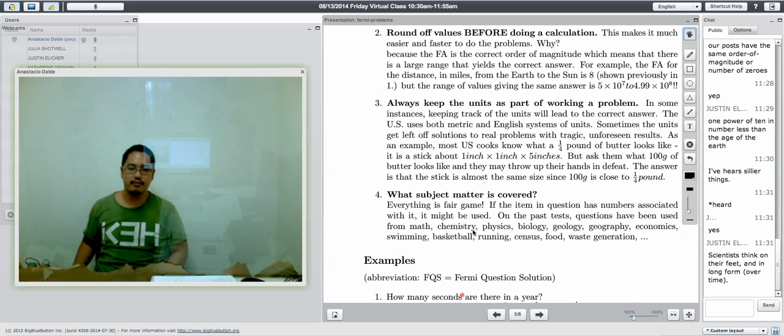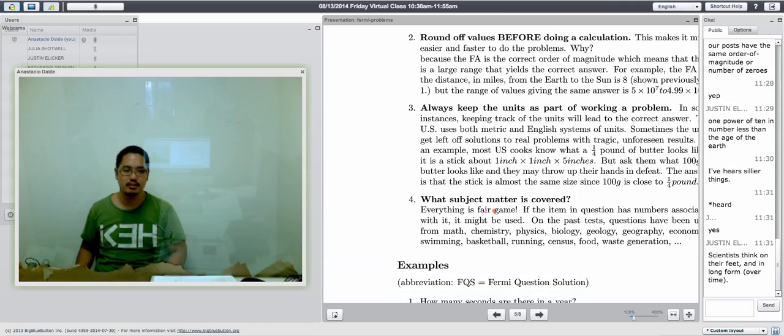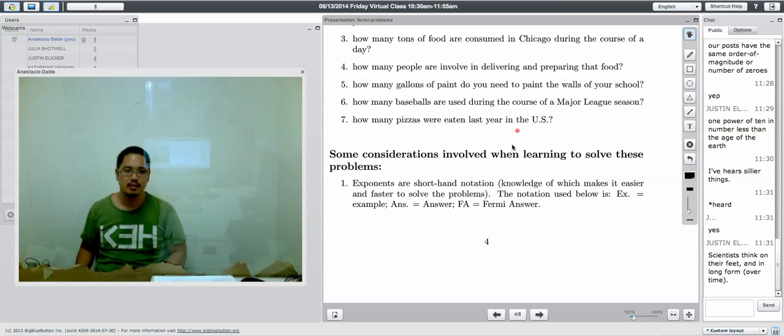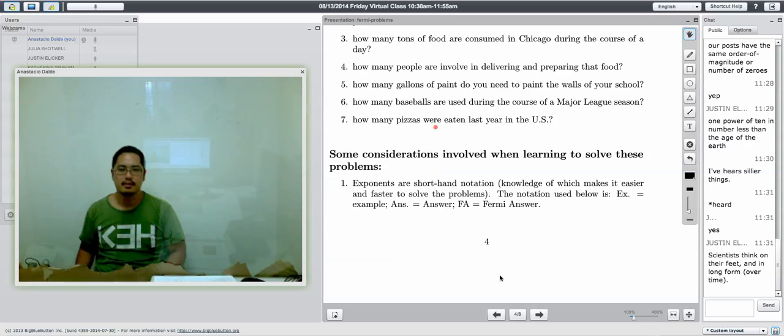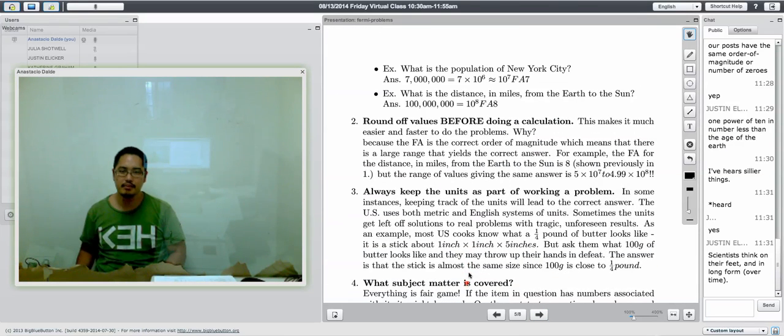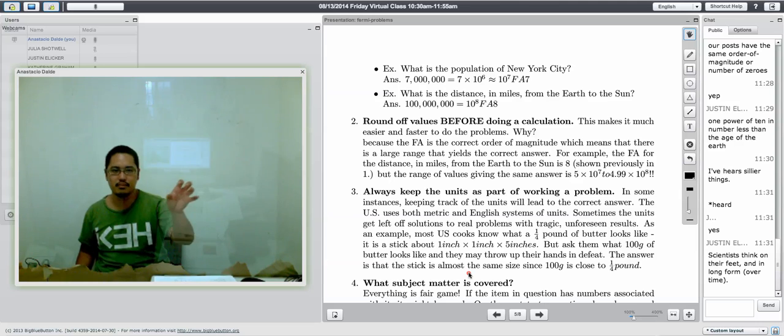Now, let me give you a few pointers on doing these things. Here's some good tips. First, just deal with the exponents. That's all we really care about. The second tip is round off your values before you do the calculation, which makes it way quicker, way easier. Keep the units as a part of working the problems, because sometimes you want to keep the units to make sure that you do any conversions you need to make.